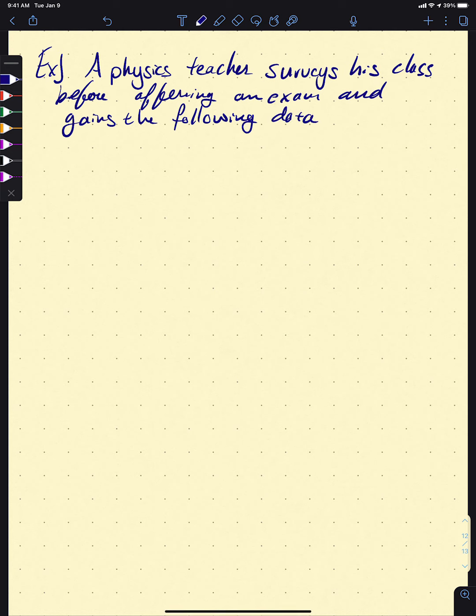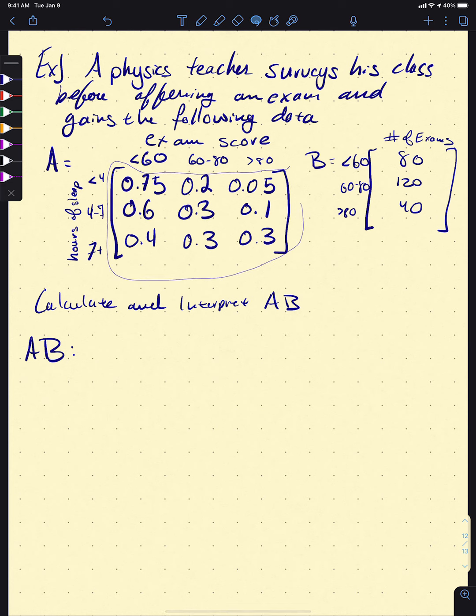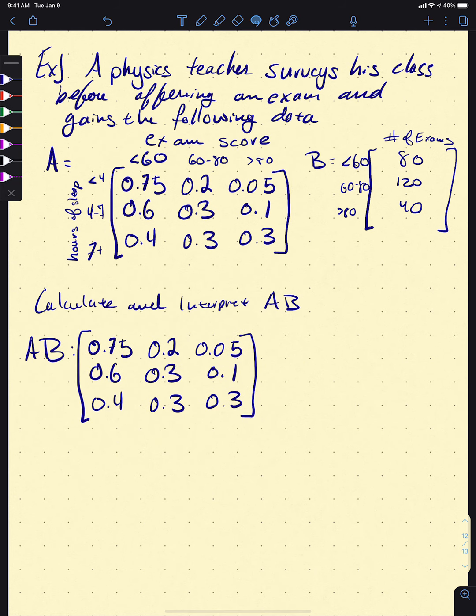I'm going to use some editing magic to make that matrix appear. So here are our matrices, and we want to calculate and interpret AB. Okay, so some practice with matrix multiplication. So let's calculate it first. We'll grab our two matrices. In fact, I will utilize the copy and paste ability. And we'll place these down, and then we'll take a look at what they represent.